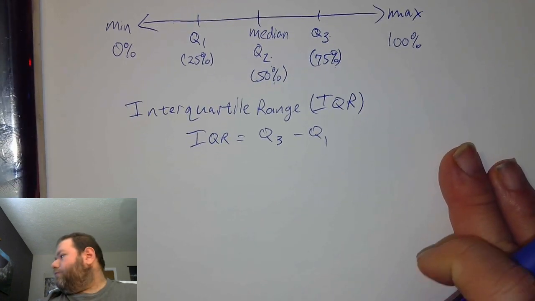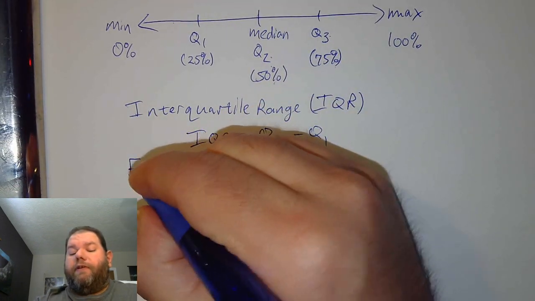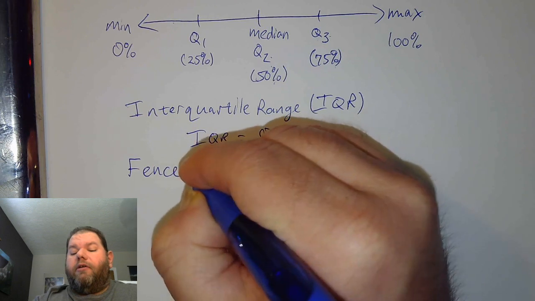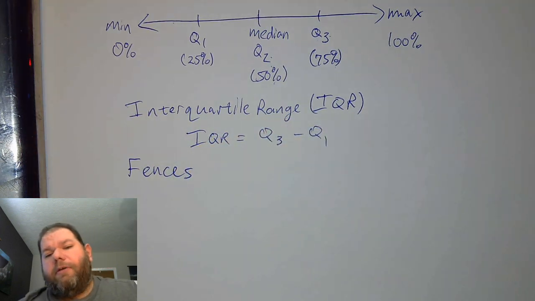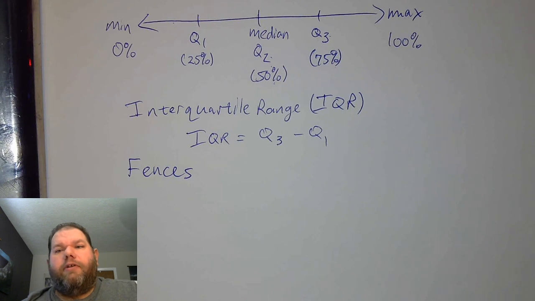Now, our fences are basically where we mark off the highest and the lowest values that we anticipate getting based on where our interquartile range is, assuming it's an approximately normal distribution.